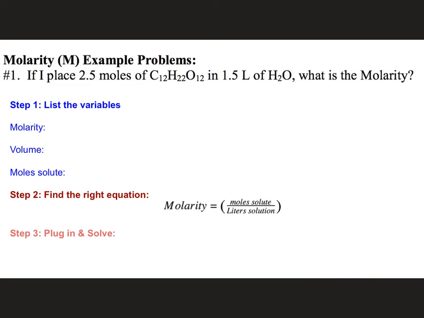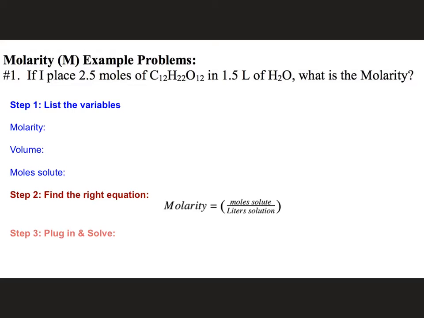Let's do our first problem together, and this is going to be the first question on that concentration practice PDF that you should have downloaded to Notability. And the question is stating, if I place 2.5 moles of C12H22O12, also known as lactobionic acid, in 1.5 liters of water, what is the molarity?